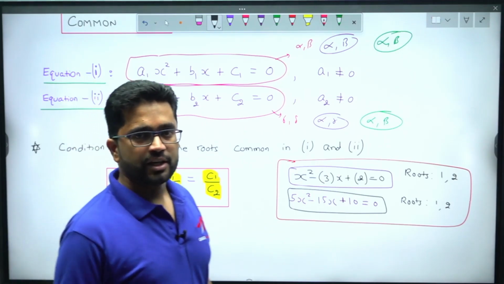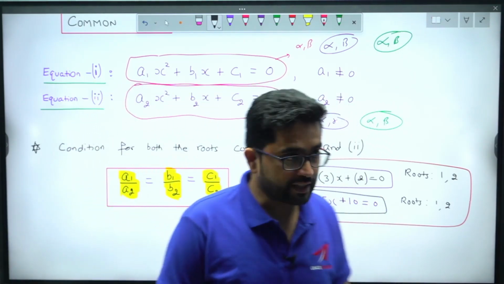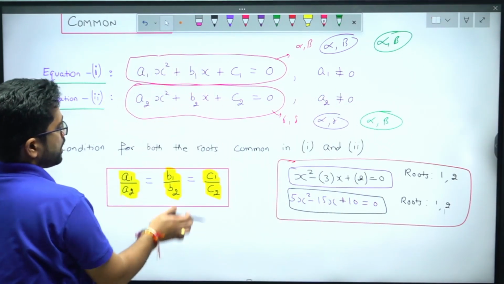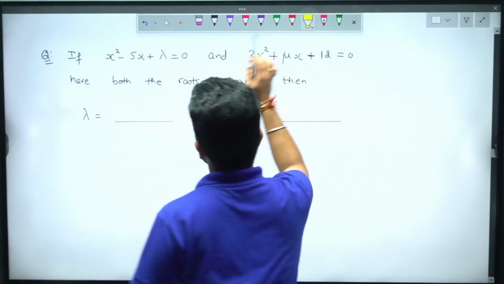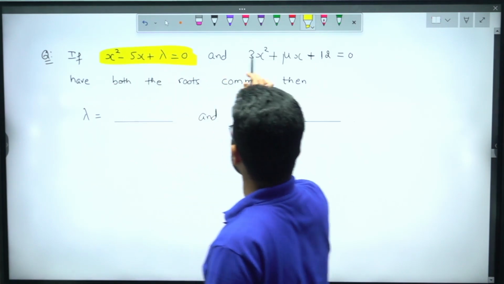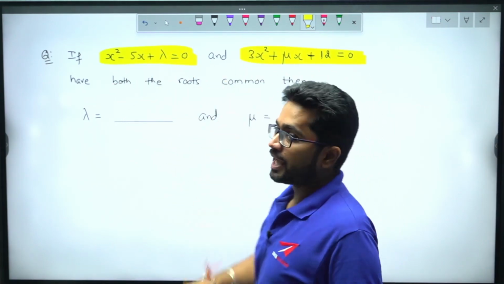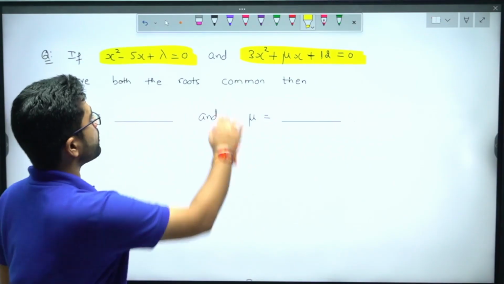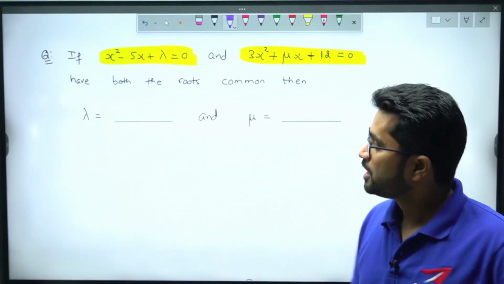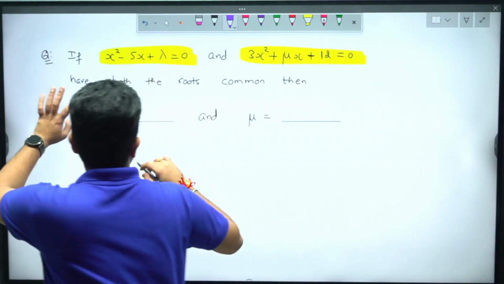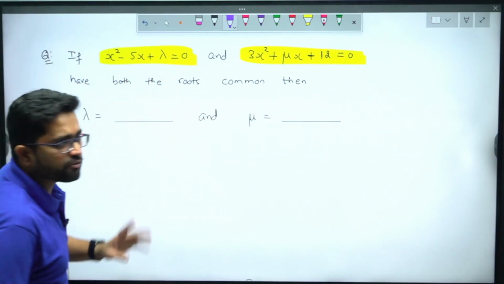Alright guys, now let's move further with the next case. Let's have the question. Let's see this easy one. It says if the first equation and the second equation have both roots common, the first one and the second one having two common roots, then directly I'm applying the condition, and thereafter we can easily get the values of lambda and mu.